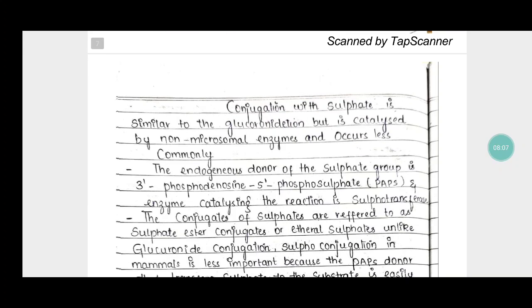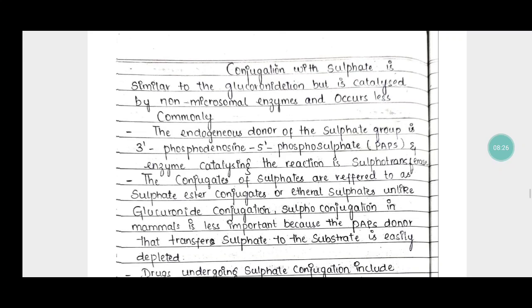Number 3, conjugation with sulfate or sulfation. So conjugation with sulfate is similar to glucuronidation, but it is catalyzed by non-microsomal enzymes, whereas glucuronidation is catalyzed by microsomal enzymes, and it occurs less commonly. The sulfate conjugates are referred to as sulfate ester conjugates or ethereal sulfates.